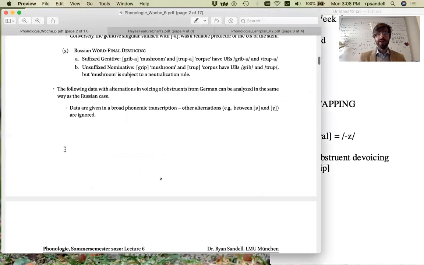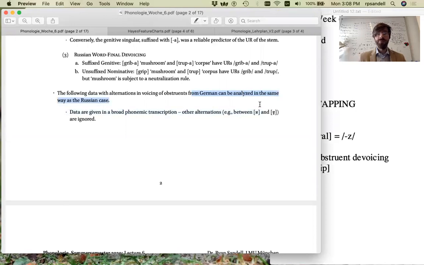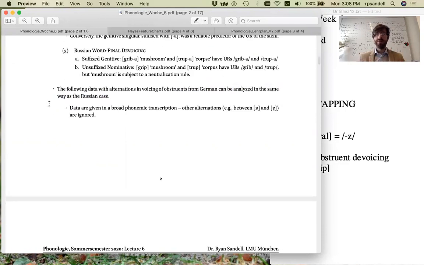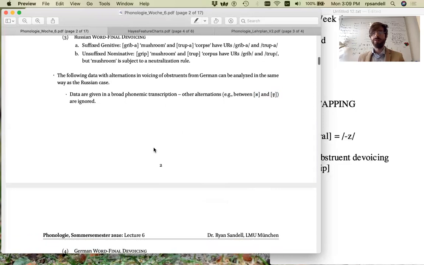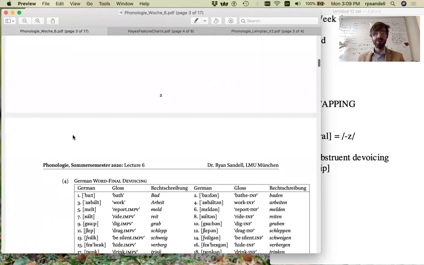And when we look at a bit of data from German, that can be analyzed in exactly the same way as the Russian case. The data on the following page I've given in a very broad phonemic transcription, so most other allophonic alternations besides the one in terms of voicing of obstruents are ignored. In particular, there should be alternations involving the rhotic, which I've simply ignored, and I've just transcribed the phoneme in all cases.